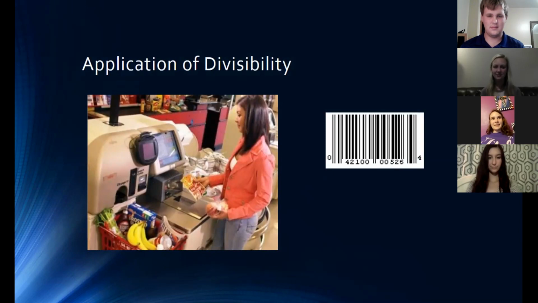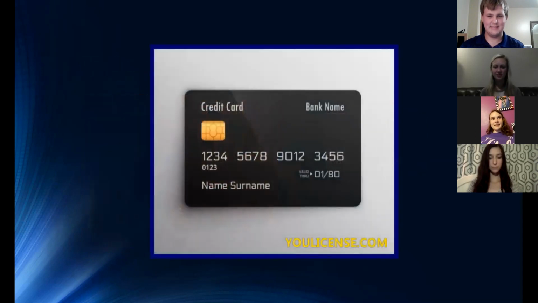The scan is checking for errors by making sure it passes the divisibility test. If you enter your credit card number to make a purchase or a donation on the internet, the number on your card must pass a divisibility test to be accepted.